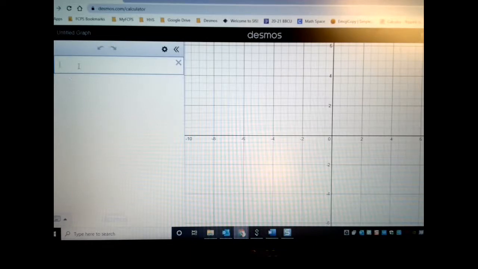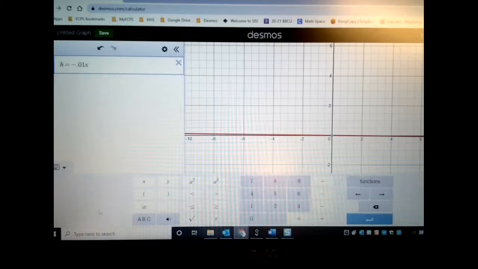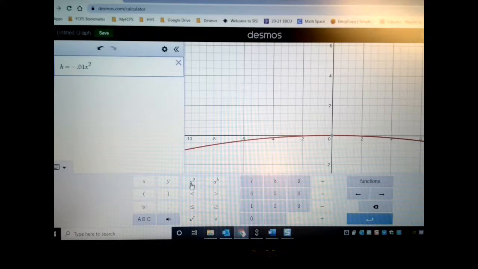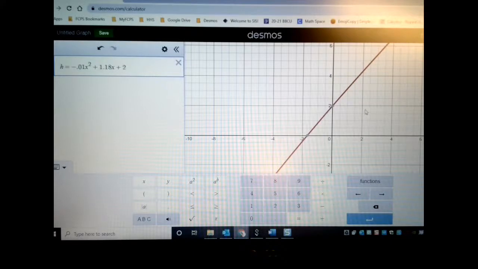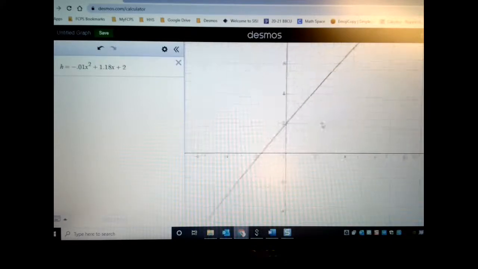All right, when we're entering in this next one, I know that my h is equal to negative 0.01x squared plus 1.18x plus 2. So again, I can't see that whole graph. So what I'm going to do is bring it down.